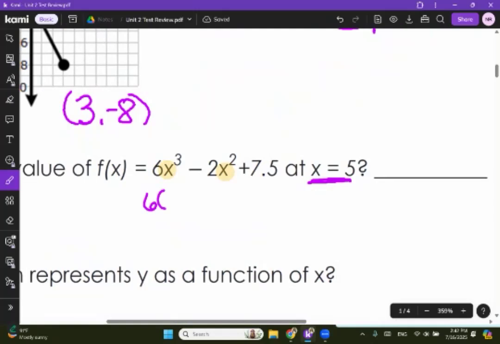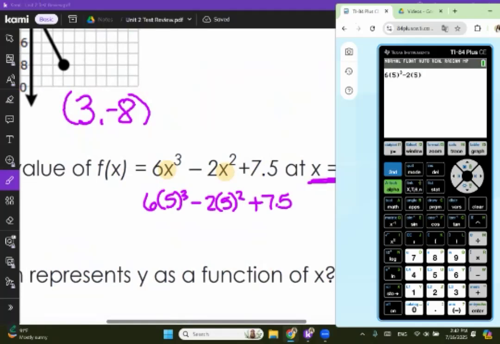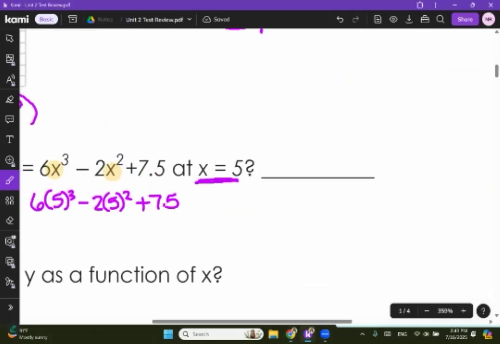So 6 times 5 cubed goes on the outside. 2 times 5 squared plus 7.5. If I were to type this in the calculator, anything other than a 2, you want to use that button above the division, squared, plus 7.5. And that one gives us 707.5.